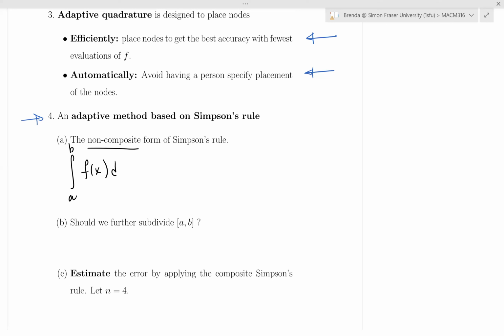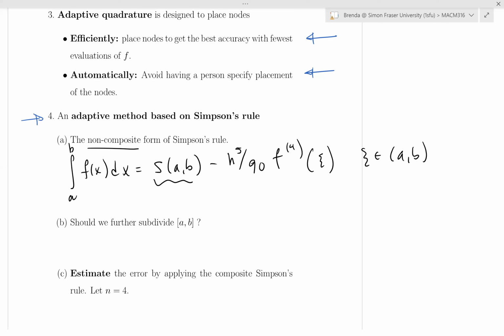It's a funny way of writing it, but it's Simpson's rule on the interval AB minus h to the 5 over 90 times the fourth derivative evaluated at some psi, where psi is in AB. Okay, that's Simpson's rule.